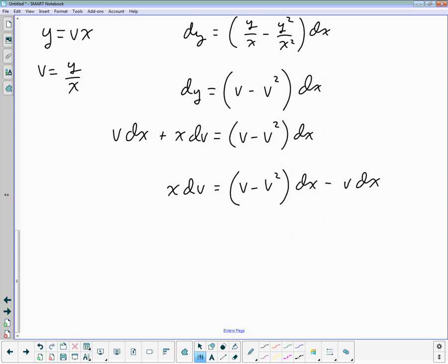Please try to only have one dx. I mean, you can work with multiple dx's, but it just gets a little funkier. So let's pull out that GCD. We wind up with v minus v squared minus v dx, and of course we can simplify that to negative v squared dx and x dv.